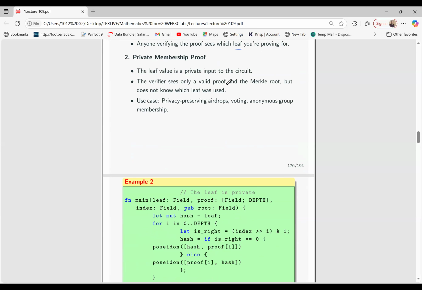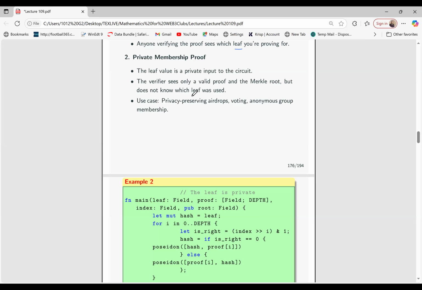But the verifier will not know which leaf was used, because the tree has several leaves. So he's not able to know what leaf was used, but he's able to know the root because you're showing him the root.